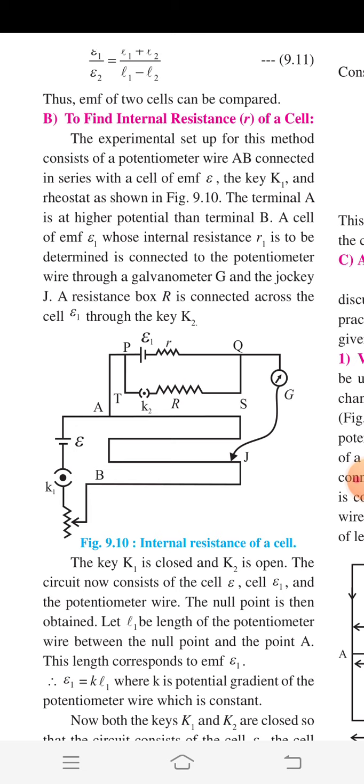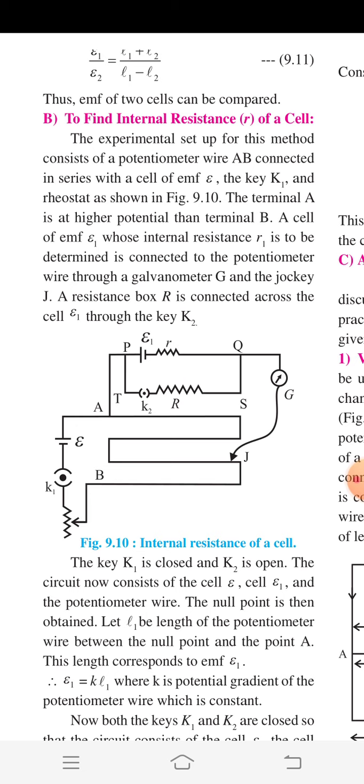The null point is obtained by placing the jockey at different points of wire AB. We get a single point at which the galvanometer shows zero deflection, and we measure the length between the null point and the higher potential point A, that is L1.